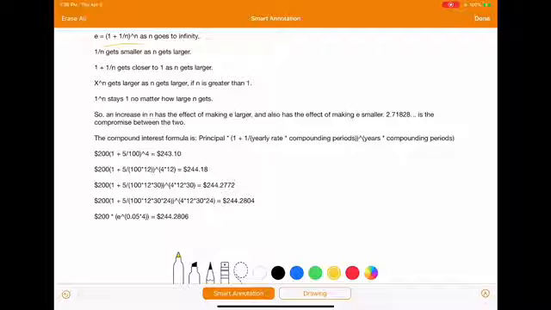And it turns out that E remains a very small number. It's even less than 3. It's 2.7 something.